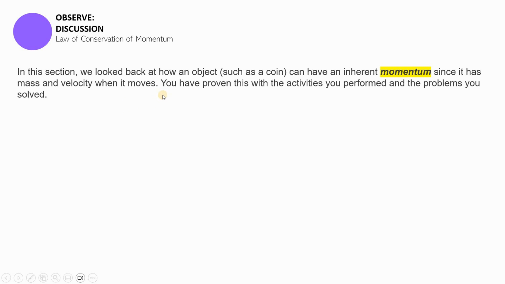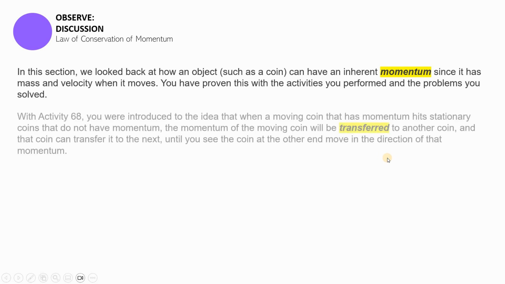Alright? A coin that was moving in the previous activity has a momentum because aside from the fact that it has mass, it also has velocity or speed. Now, you have proven the presence of that momentum dun sa mga activities na ginawa natin at saka dun sa mga variations nung activity na yon.